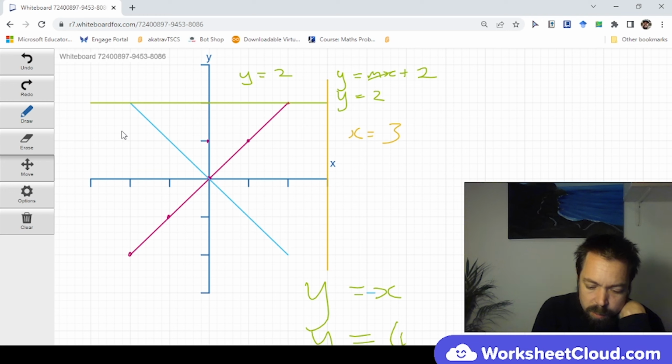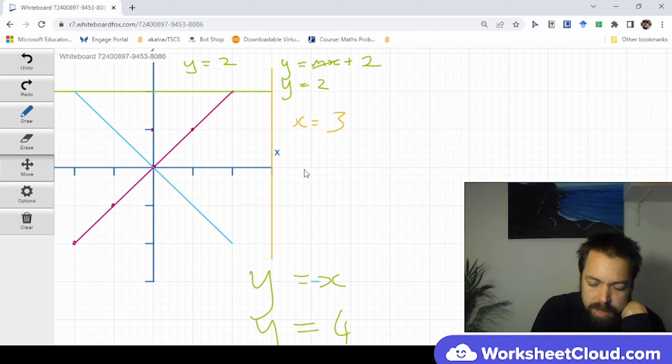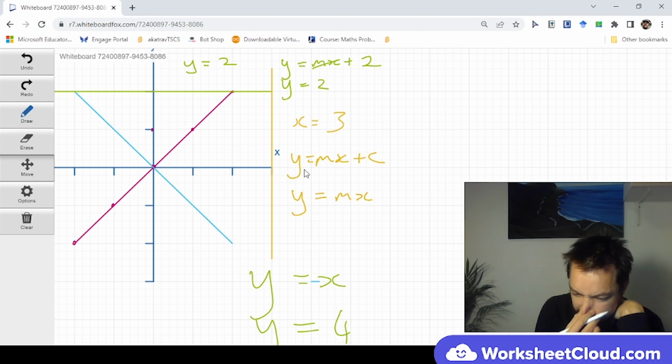It also started off with the format, let's shift this over just a tiny bit, y equals mx plus c. All right, but there is no y-intercept, so y equals mx.